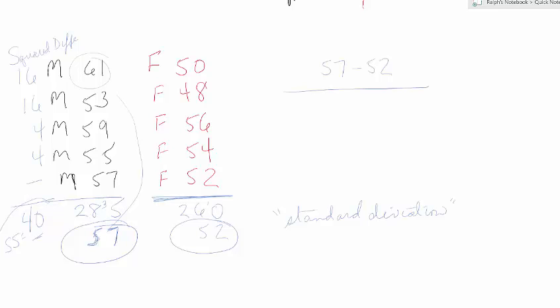What about the sum of squares of the group 2 people? Well, their mean is 52, so the difference between 50 and 52 is 2. 2 units squared, you get 4. The next 48 and 52 is 4 units squared, you get 16. The next 56 versus 52 is 4 units squared, you get 16.